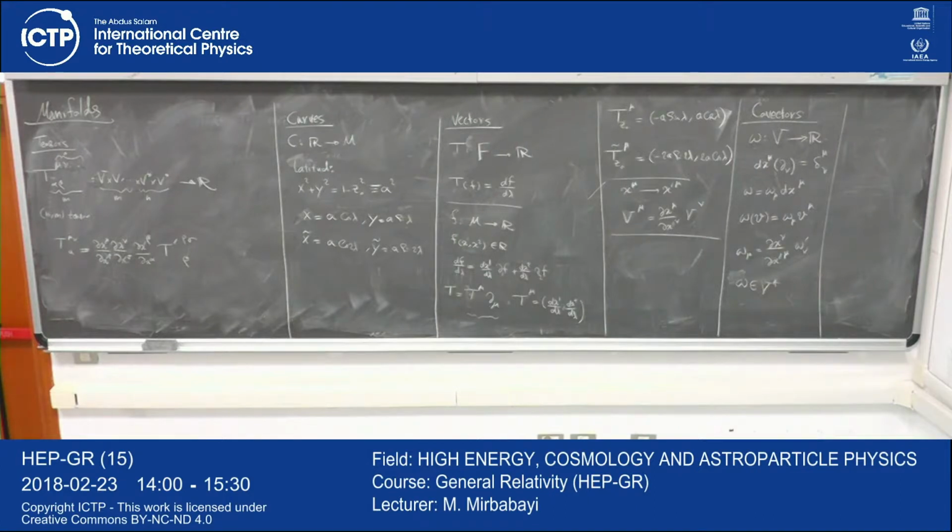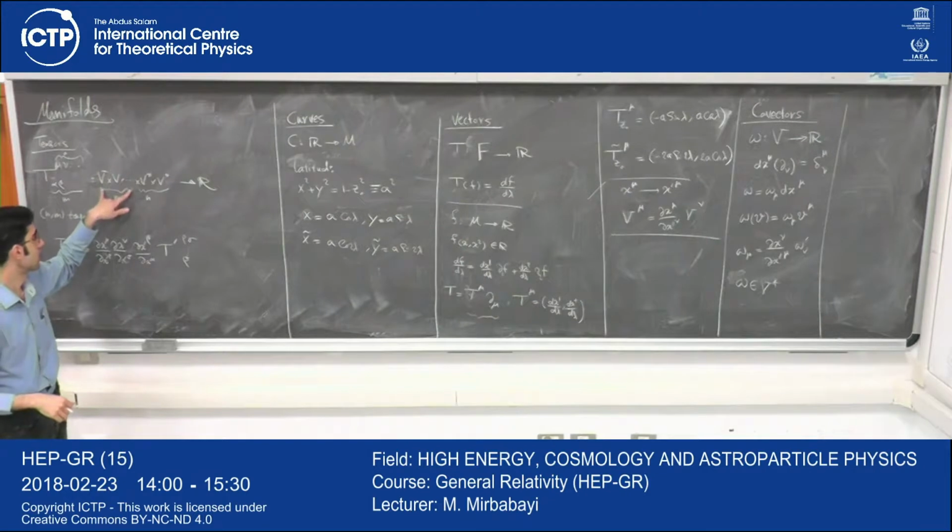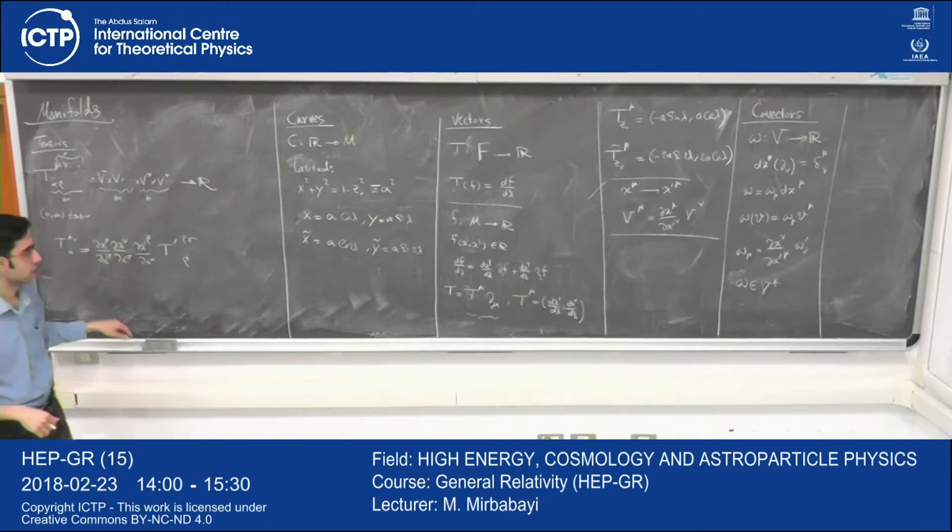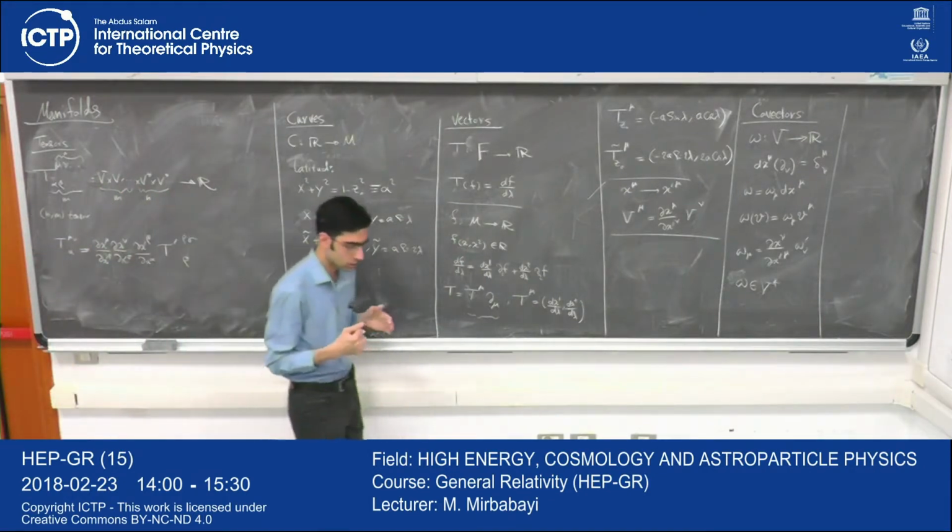So again, anything that behaves like this, we will call a tensor. Or more formally, any map from m objects in the tangent space and n objects in the cotangent space to R.